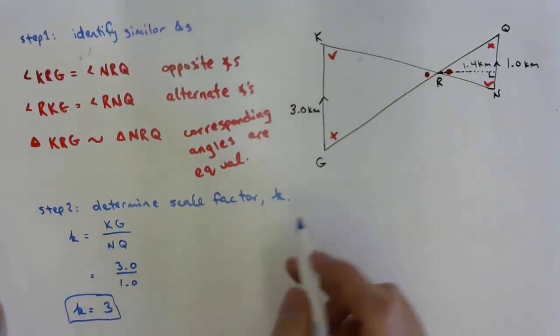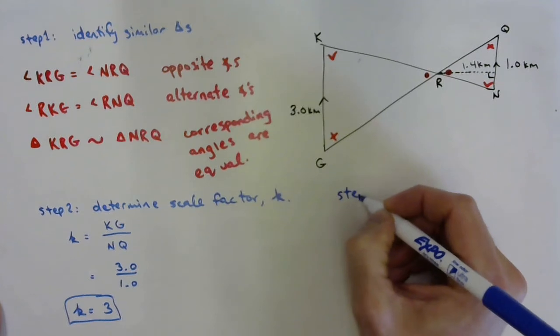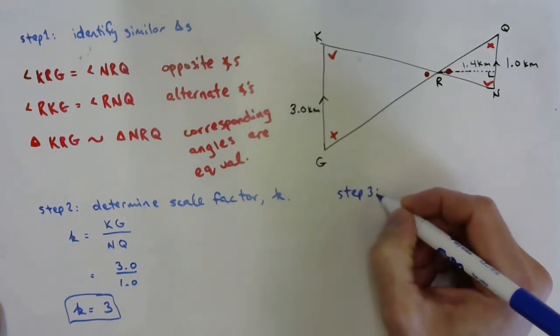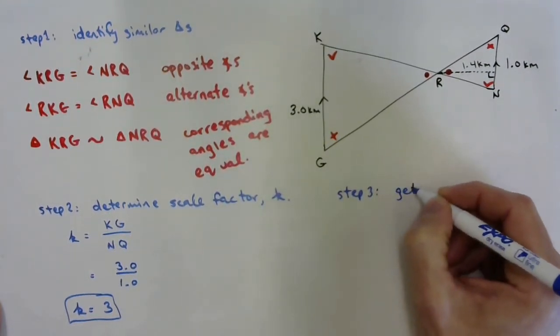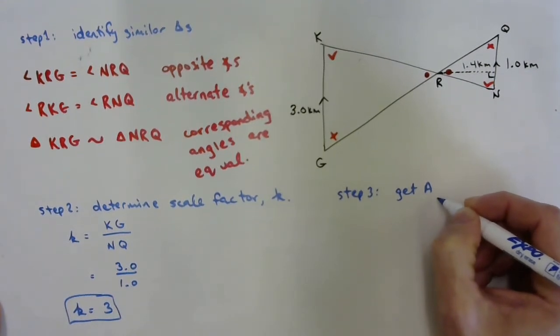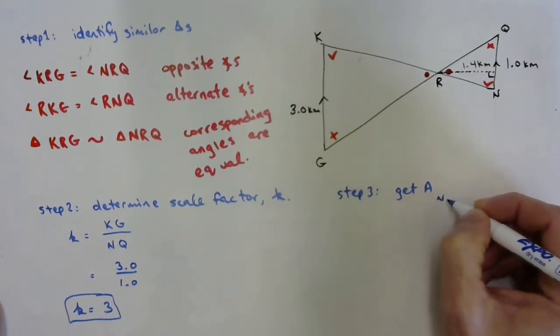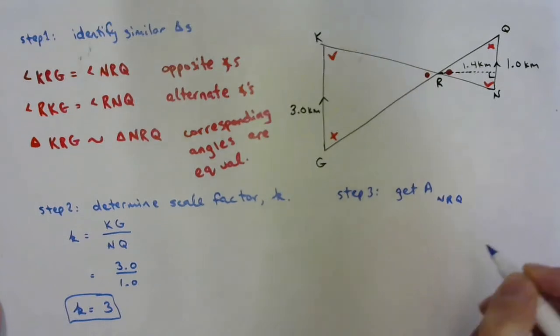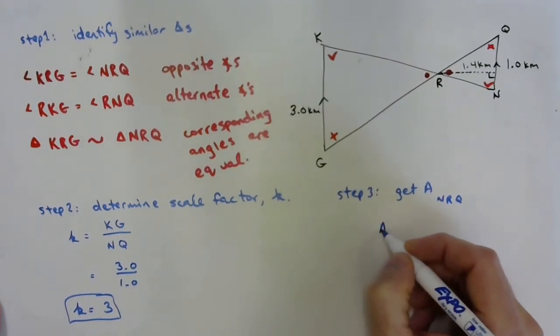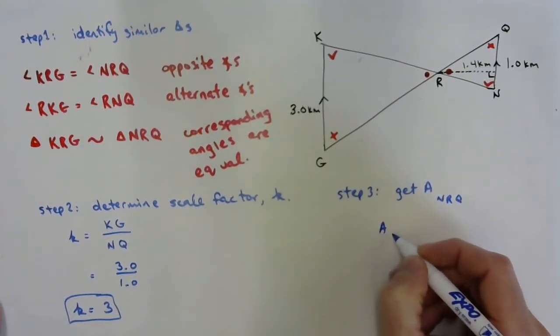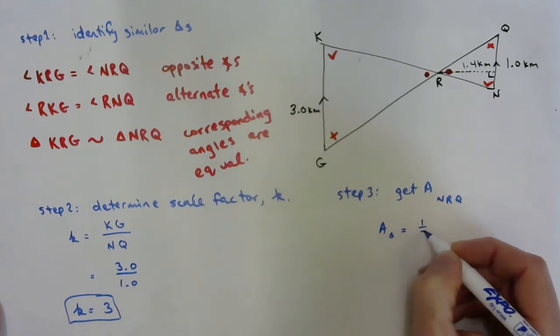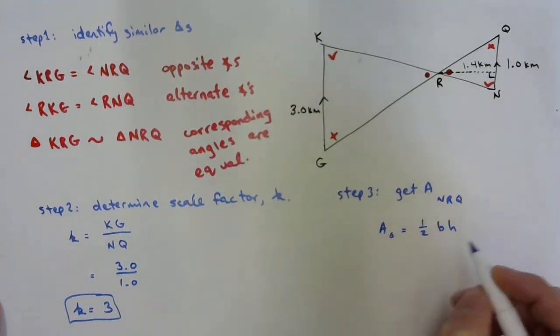Okay, we'll call it step 3 since we're identifying all these steps. Step 3, get area of NRQ. Area of a triangle is 1/2 base times height.